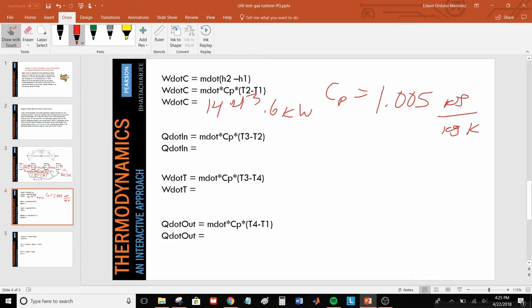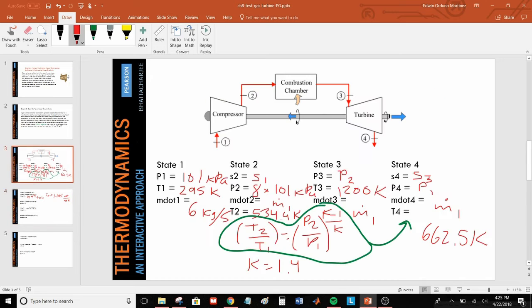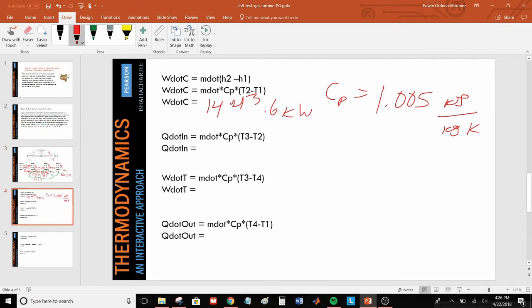For the heat added, when we plug in temperature 3 and temperature 2, we're given 4013.6 kilowatts.